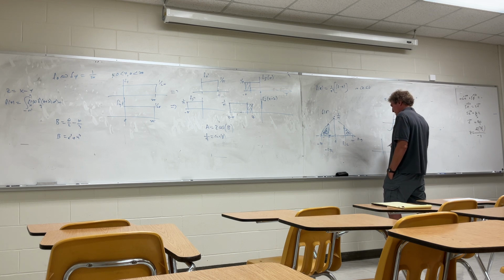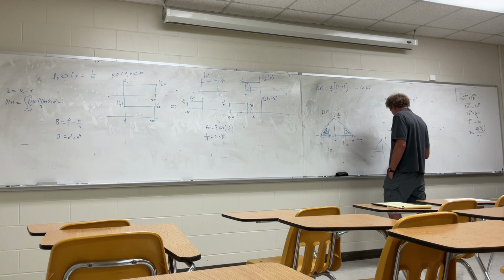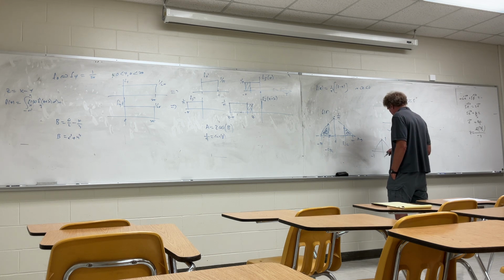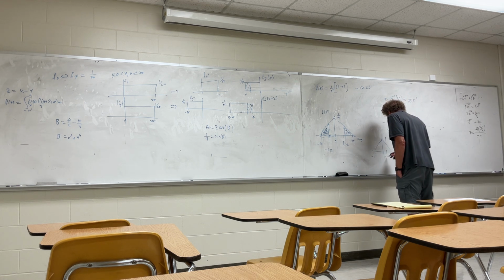So if I take care of the pi, I should get this. 1 minus 1 plus 1. And can you take 1.32 and divide it by pi? Anyone? 0.4202.